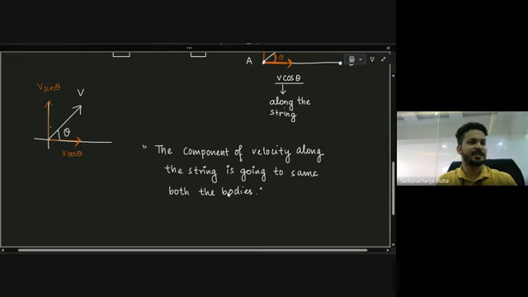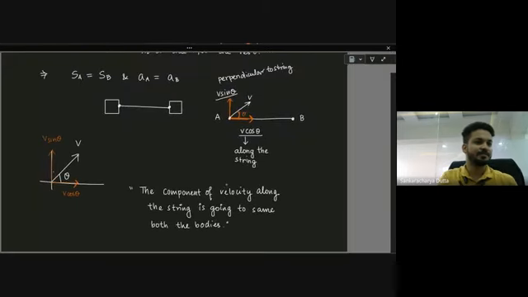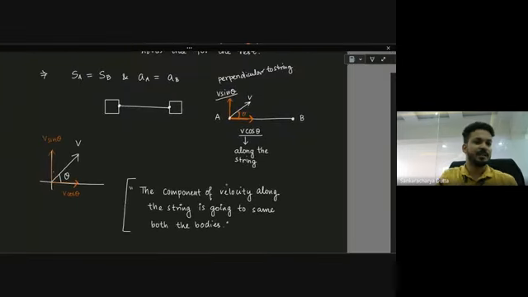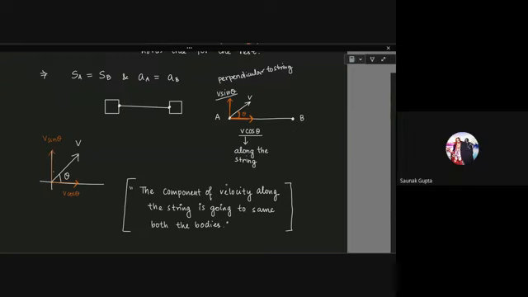Do you remember writing this statement here? The component of velocity along the string is going to be the same for both the bodies. Do you remember writing this? Yes, sir.